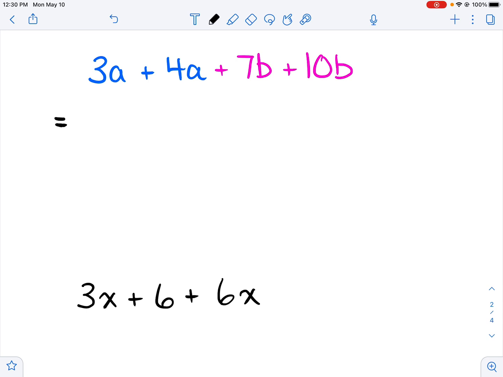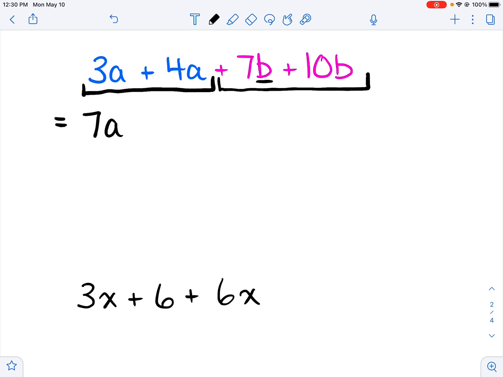Okay, so let's try it not using apples or bananas, but using letters. So, what has the same letters? These 2 things. So what's 3A plus 4A? Think of it like apples. 3 apples plus 4 apples is 7 apples. Then the next group.